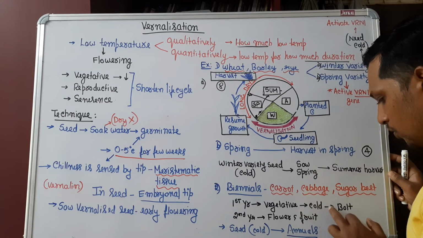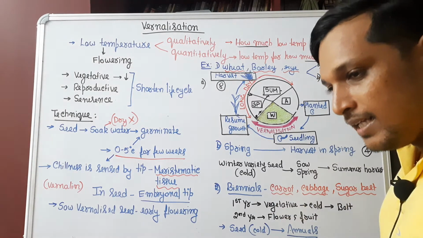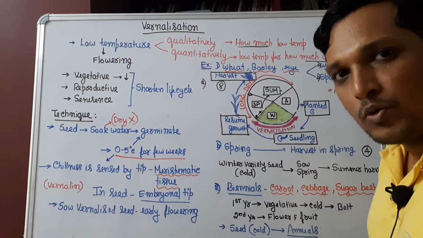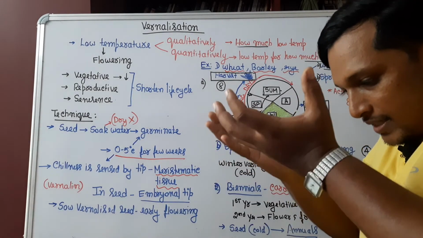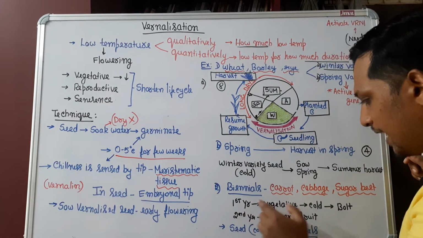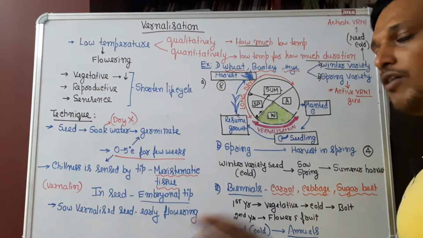When they are exposed to cold, there will be bolting. What is bolting? The rosette plant which was growing vegetatively, because of the exposure to cold temperature, now has its stem elongate. Hence one more question can be framed here: name the hormone which can replace the effect of vernalization.